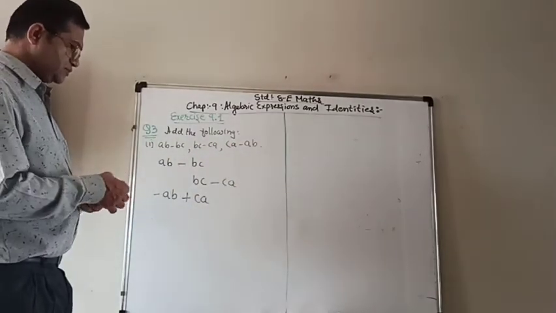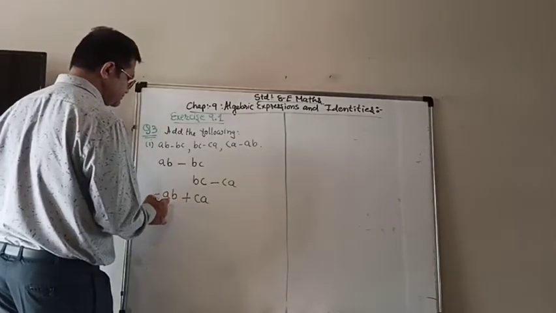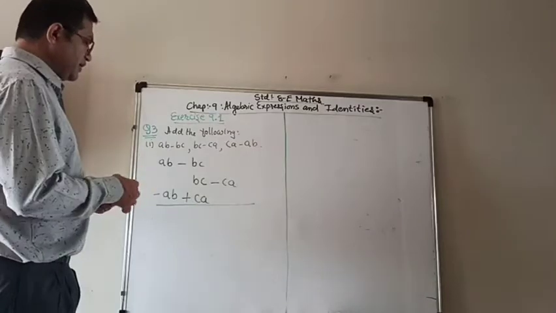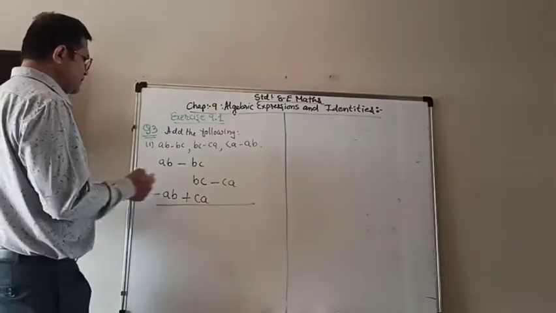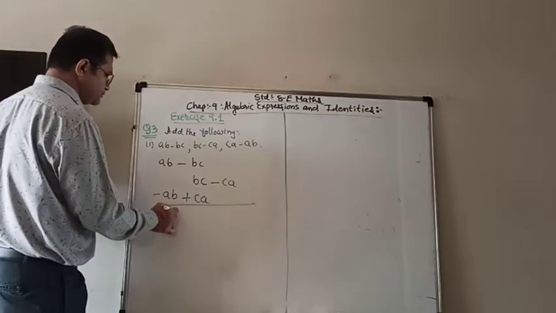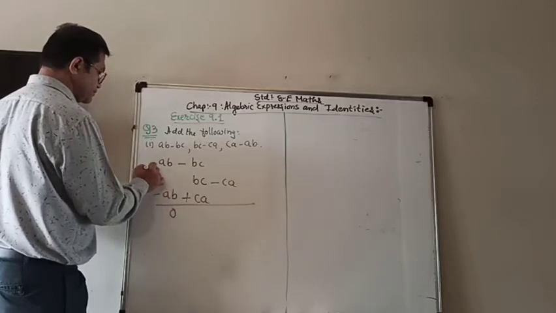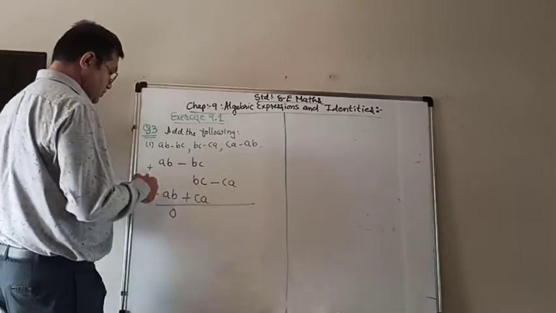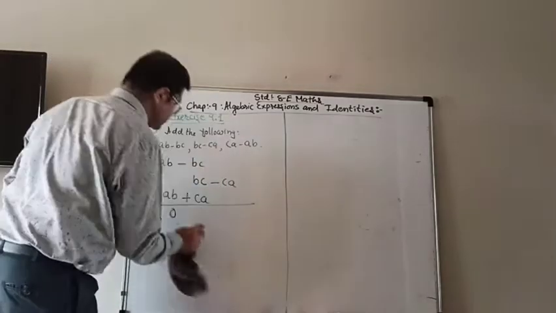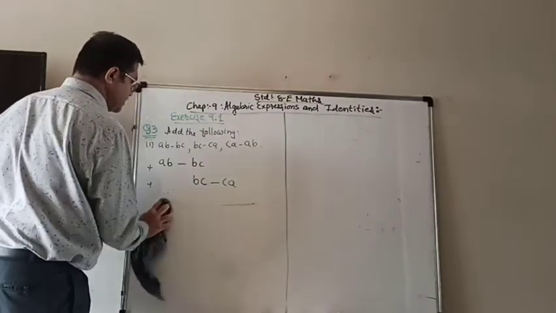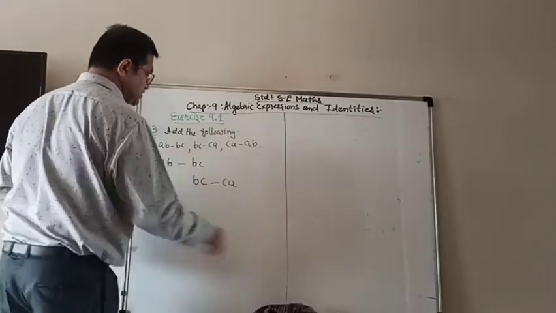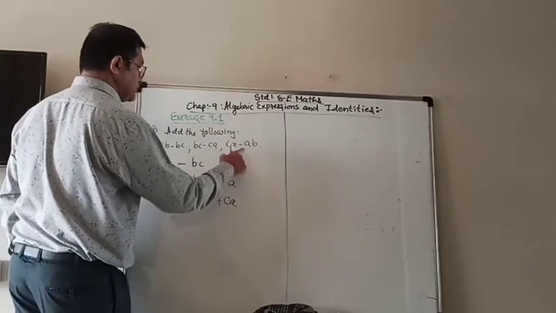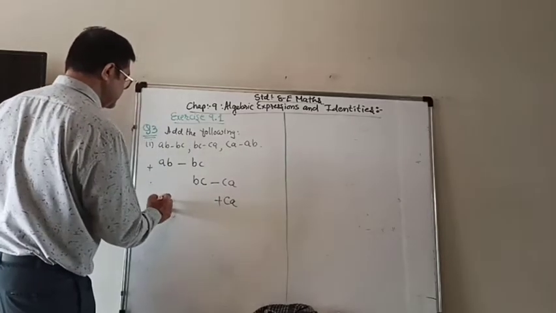So now we have to add them column wise. Now here you can see that AB and minus AB will be 0. BC and, oh, we made a mistake here. CA must be written under the CA. So CA will be here and minus AB will be here.